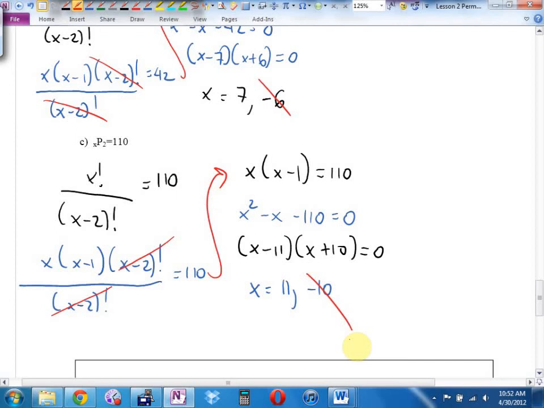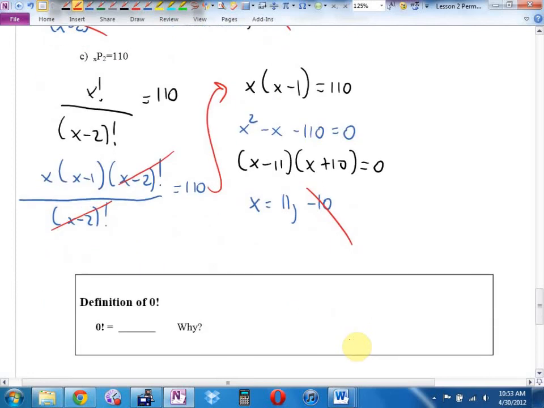Reject the negative because you can't have negative 10 letters to pick from. So there's going to be some kind of a quadratic trig combinatorics equation on your test to solve on the written section. Guarantee it. By the way, on your calculator, what is 0 factorial?